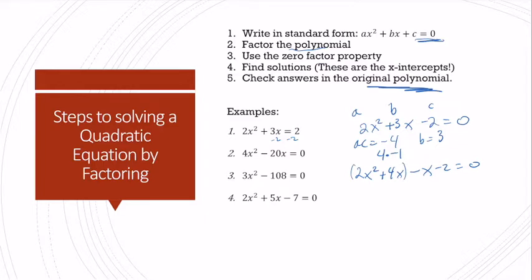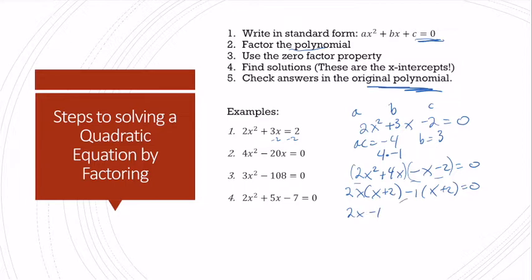And I'm going to go ahead and pull this apart and factor by grouping. The greatest common factor in my first binomial is 2x, so I have 2x plus 2. The greatest common factor here is negative 1. Remember, we don't like negative leading coefficients. So I'm going to have negative 1 times x plus 2 equals 0.